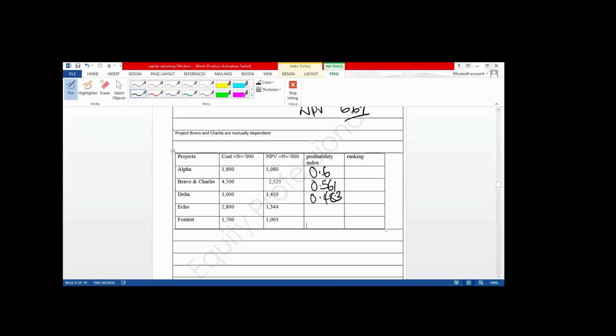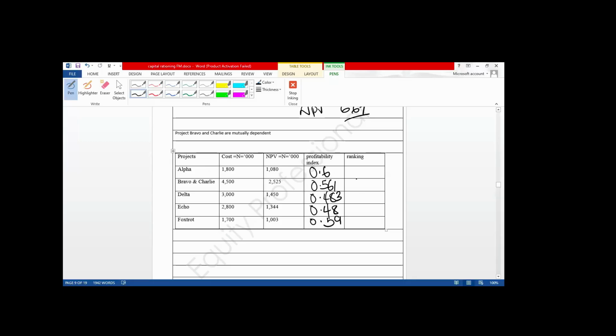Next, 1,344 divided by 2,800, 0.48. Next, 1,003 divided by the capital cost, 0.59.